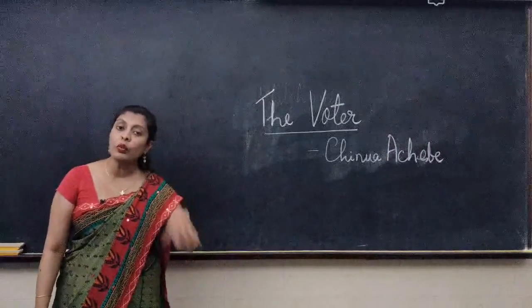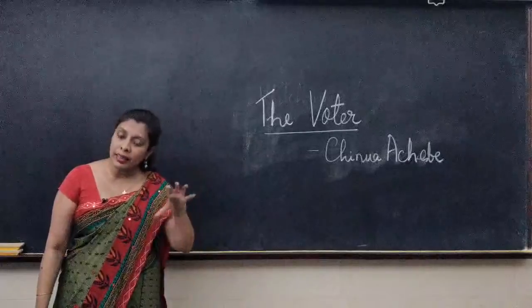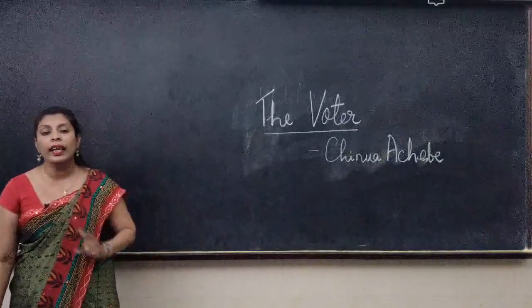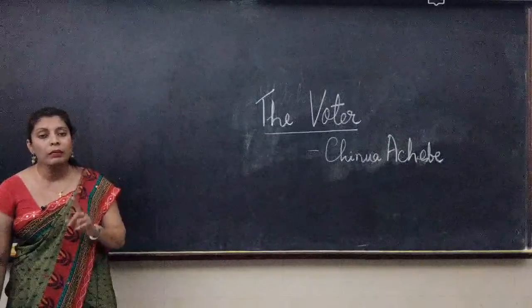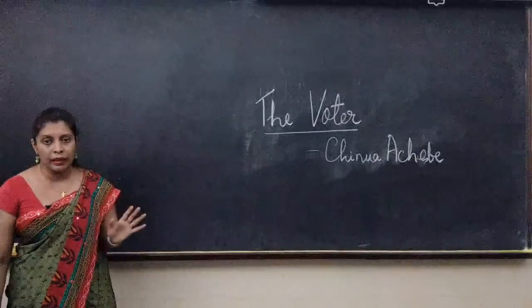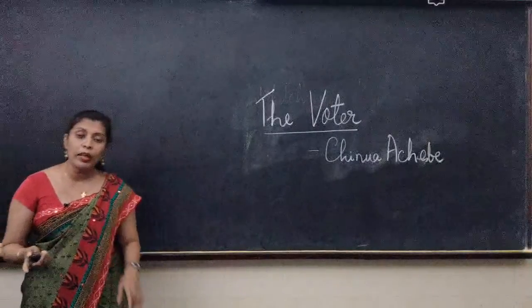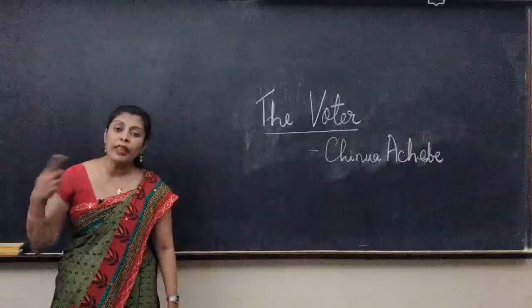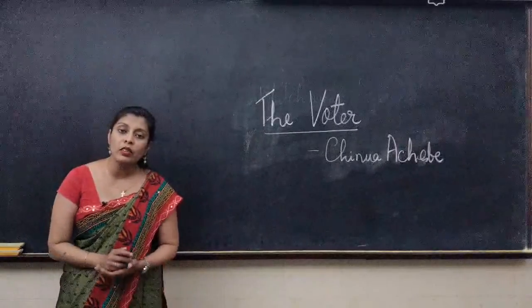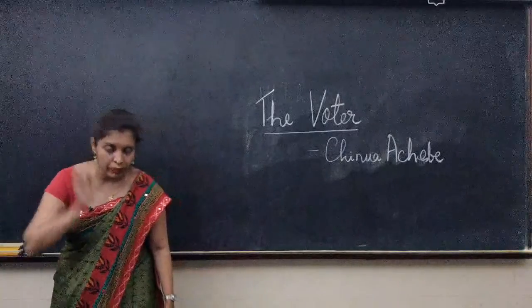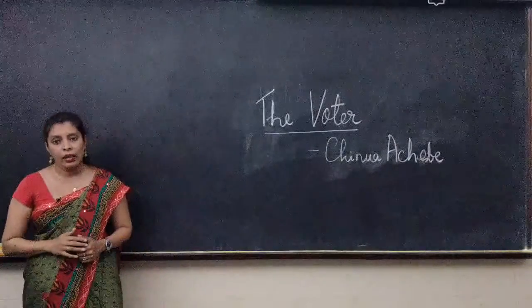It was the ruling party, and Marcus Ebe was from that village, and he was elected as minister. He was a minister in the outgoing party, and it was obvious that in the forthcoming elections also the same party would come back into power. Okay, I hope this much you have understood.